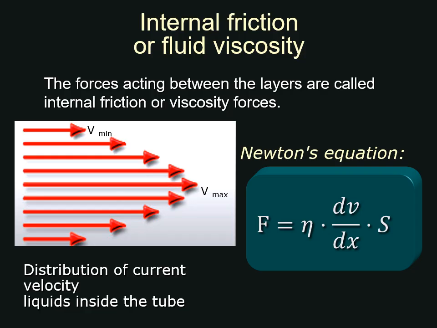The model that is used in the study of the viscosity phenomenon is a pipe. Here are the walls of the pipe, what you see at the edges. There is a moving liquid inside the pipe. The red arrows indicate the velocity of the fluid.